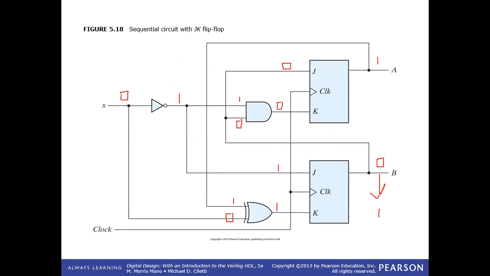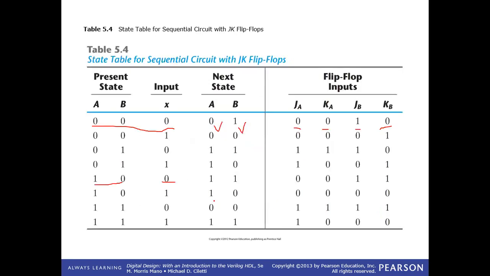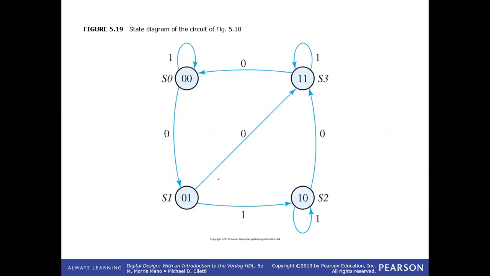So at A1, B0, with input X equal to 0, we are going to have A1 and B1. Is this clear? Yes, sir. If you have a look at this diagram, if A is 1 and B is 0, and you apply X equal to 0 input, you get the A1 and B1 state. Please repeat once.